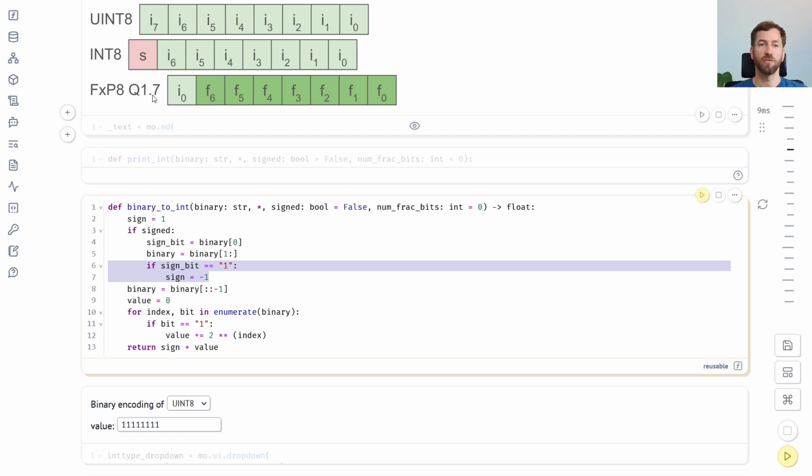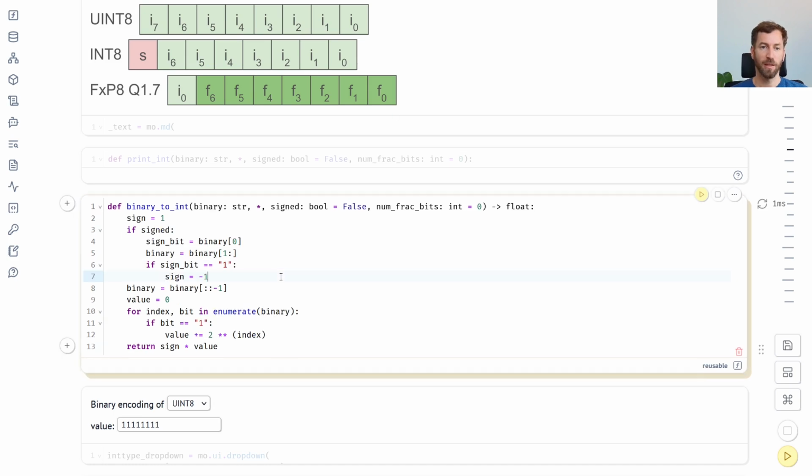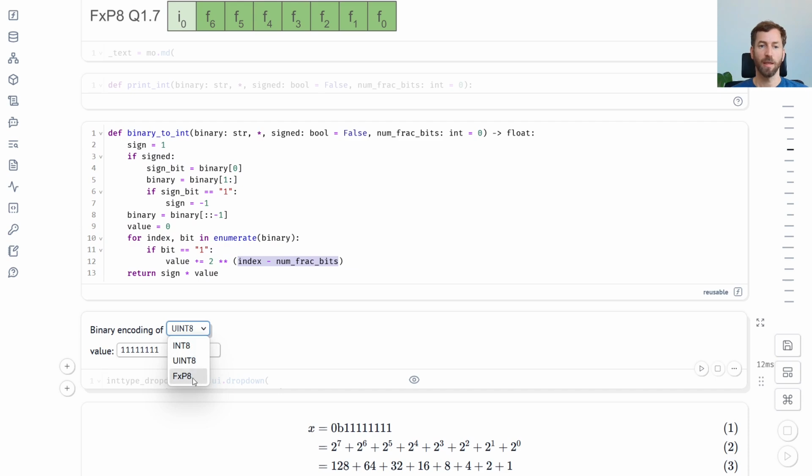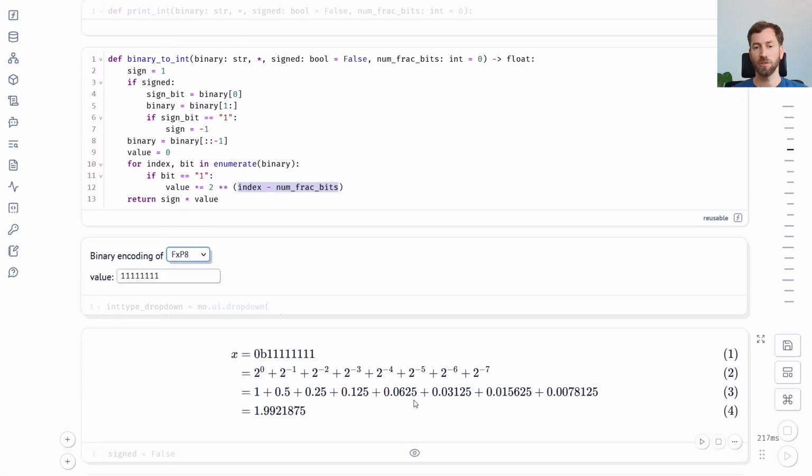Next stop is fixed point numbers. Here we have 1 integer bit and 7 fraction bits. Here it's quite easy. We just subtract the number of fraction bits from the index. So here it's a -7. And this results in the following examples.